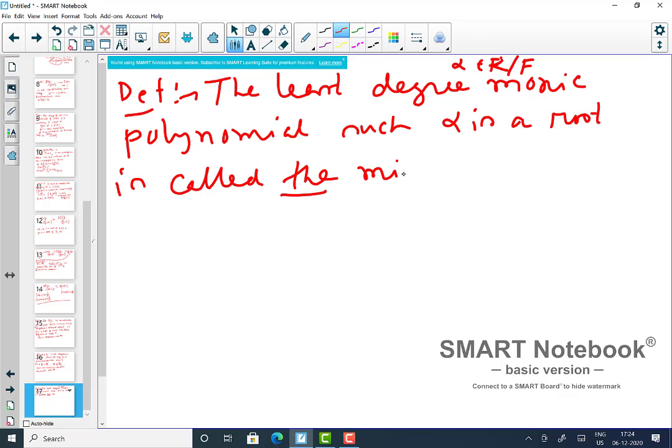So this is unique: the minimal polynomial of alpha over F.